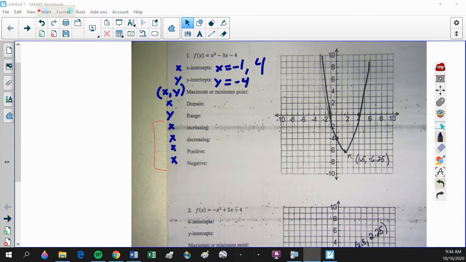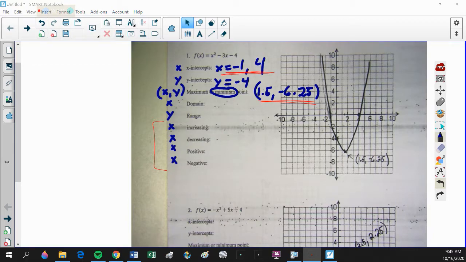Does this one have a maximum or a minimum? It has a minimum, so let's circle minimum. And where does that minimum take place? 1.5, comma, -6.25. Now, I want you to notice, this answer has parentheses around it, and this answer does not.